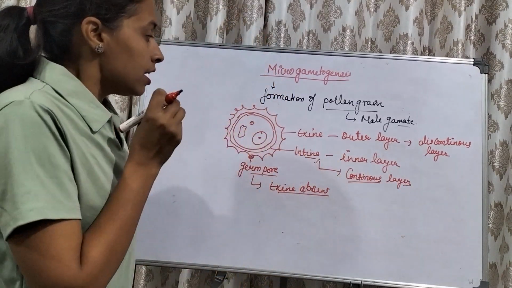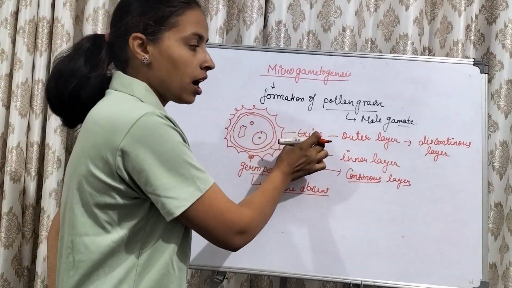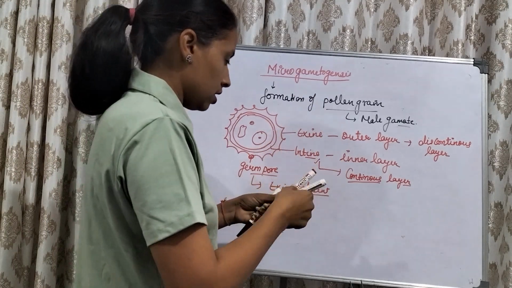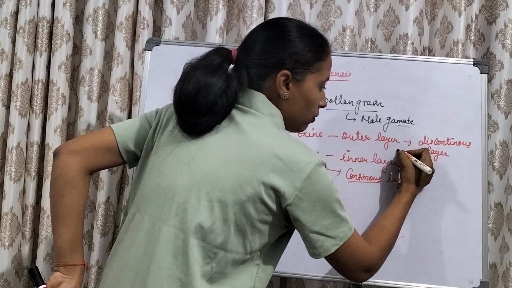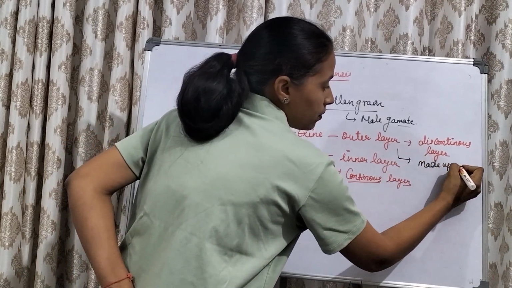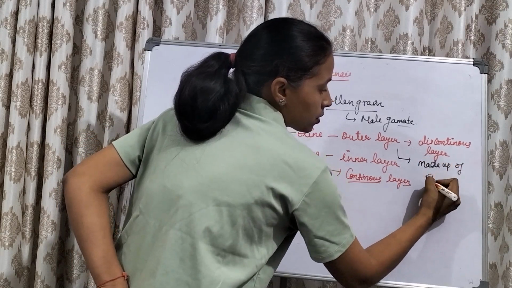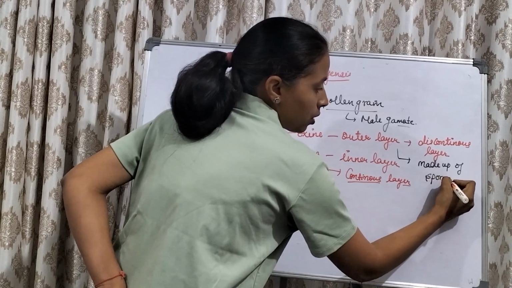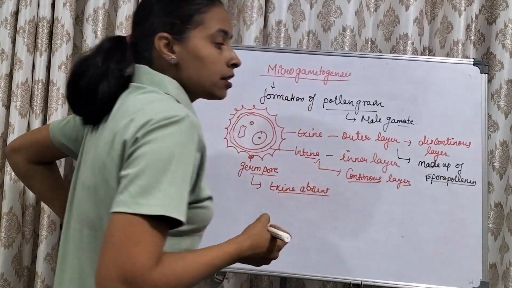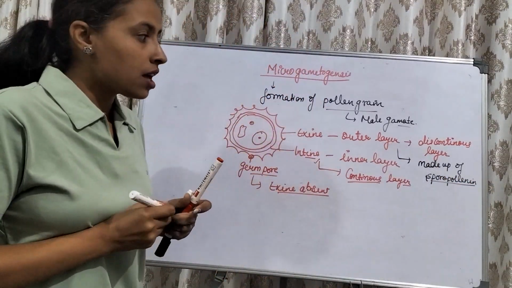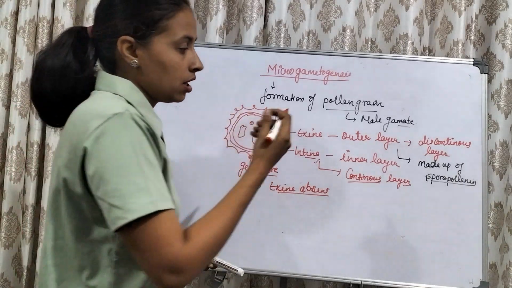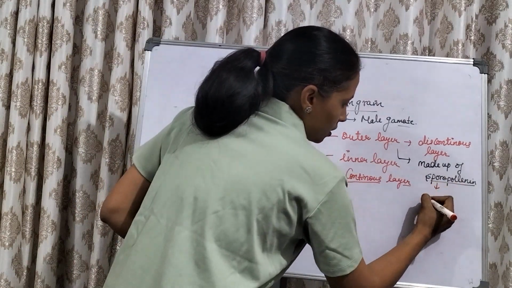The second thing is that the exine is made up of sporopollenin. This sporopollenin substance is highly resistant in our environment.